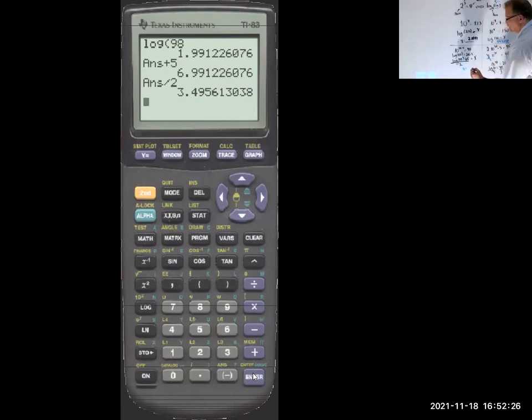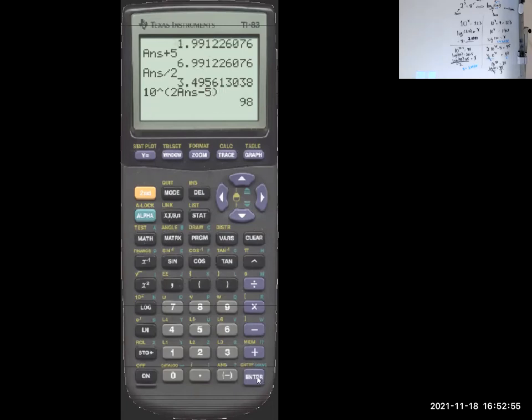So x equals 3.4956. Okay. Now it's going to be tough to verify, so let's see how I can do that. 10 raised to the parentheses, that will be 2 times the answer, minus 5, close parentheses, it better be 98. Perfect.